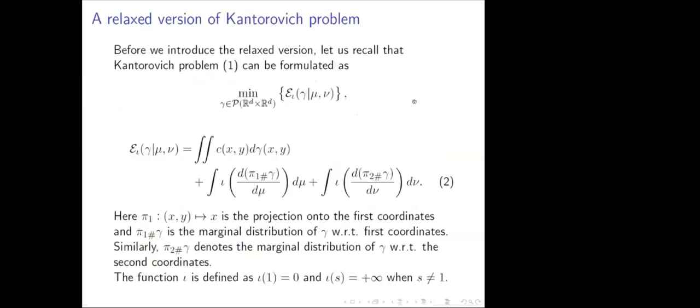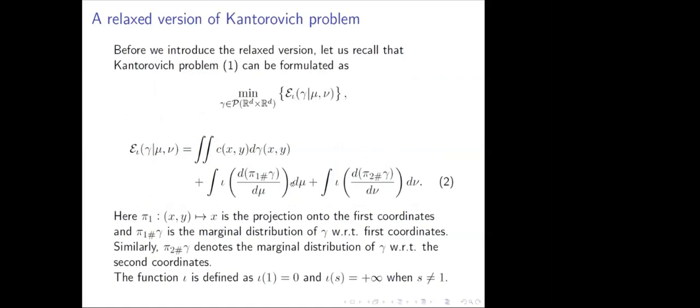To illustrate our method, we should start with the relaxed version of the Kantorovich problem. Let us first recall the Kantorovich problem 1. We can prove that problem 1 is equivalent to this minimization problem without constraints.